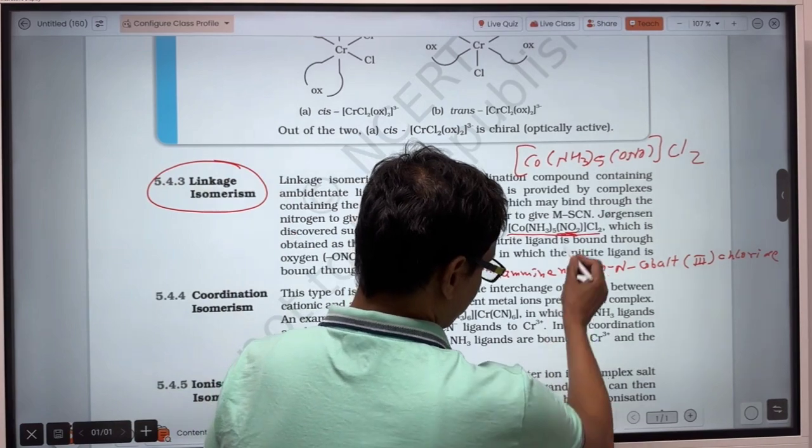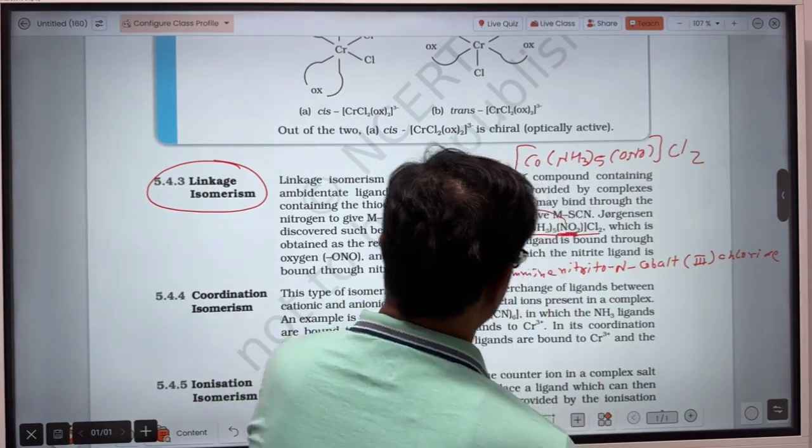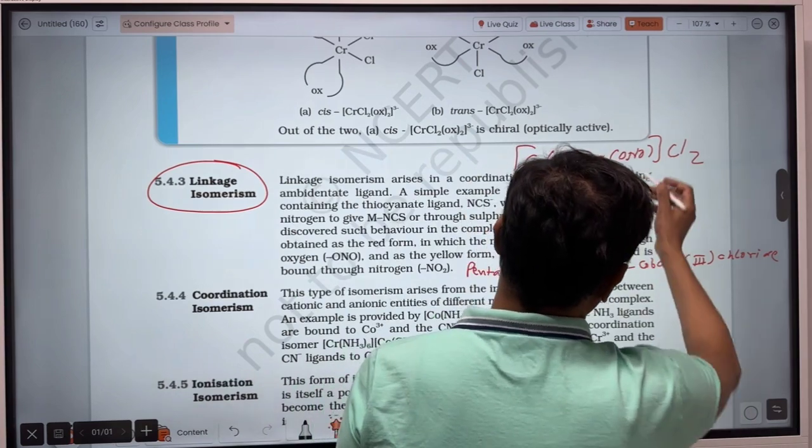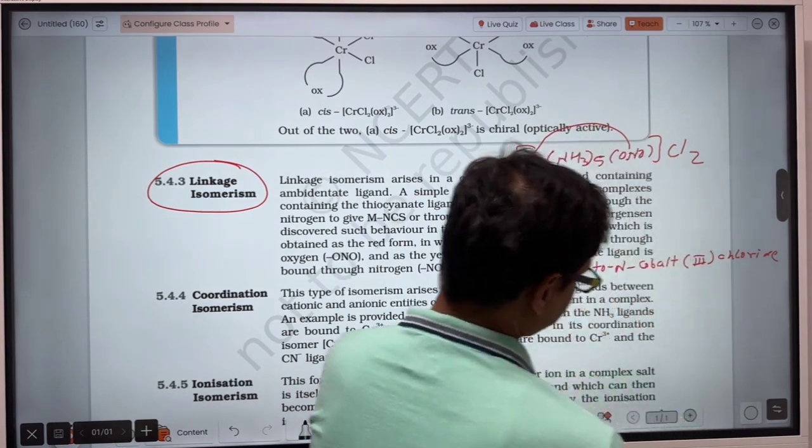Here the nitrito group is bonded to the cobalt through nitrogen. But in the case of ONO, this ligand is bonded to the cobalt through oxygen.